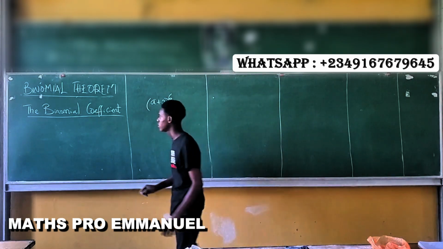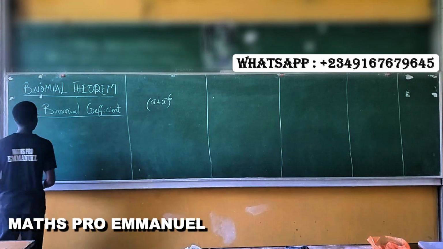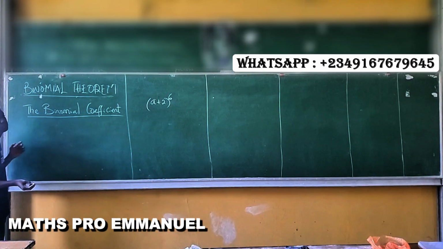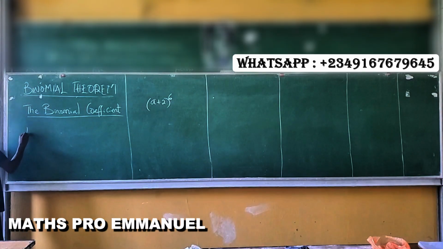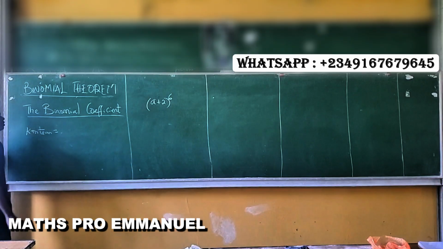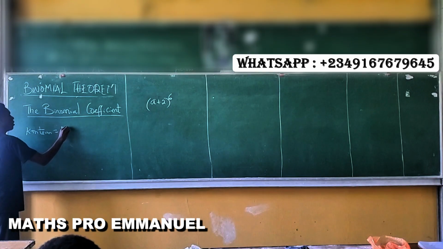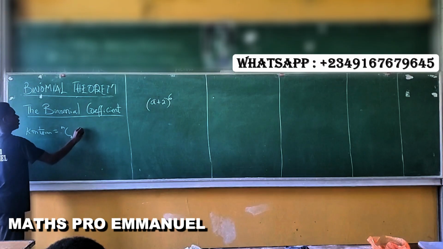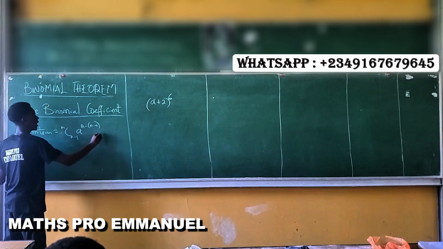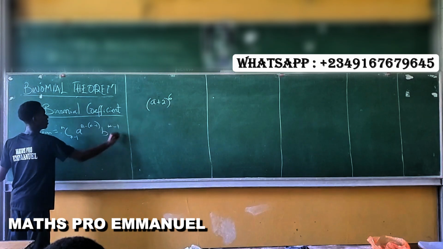Now here's the direct formula for you to find the coefficient of a term. Let the term be k. To find the kth term of any expansion, this is the formula we'll be using: n combination (k minus 1), a raised to the power of (n minus (k minus 1)), multiplied by b raised to the power of (k minus 1).